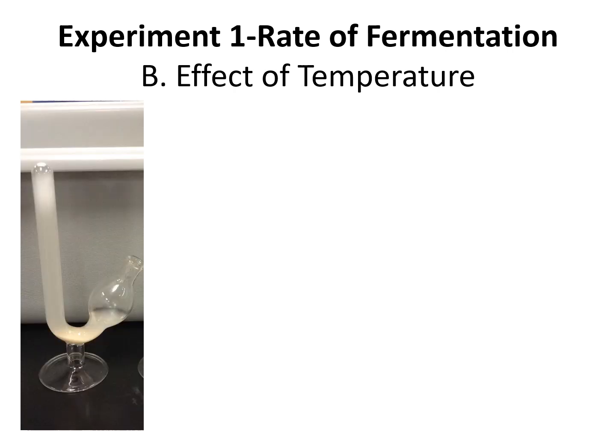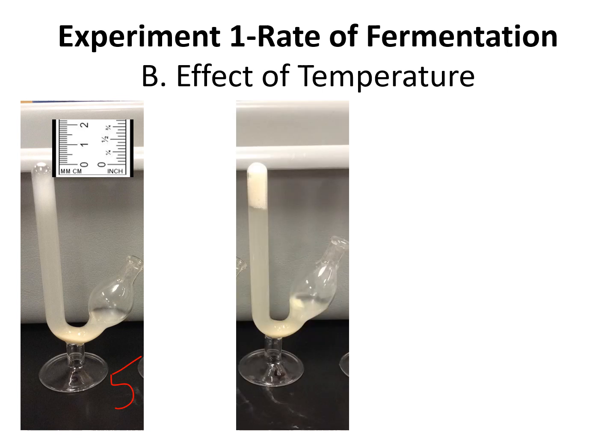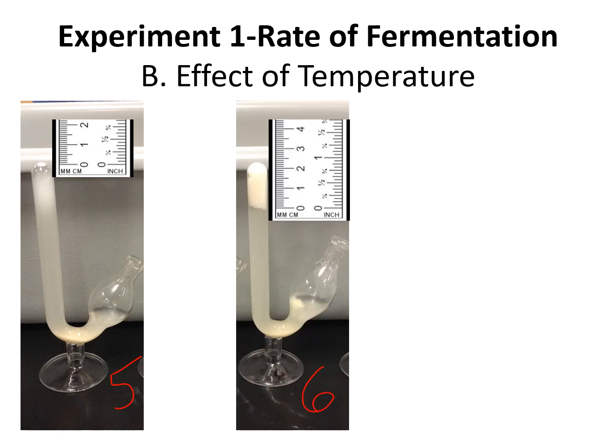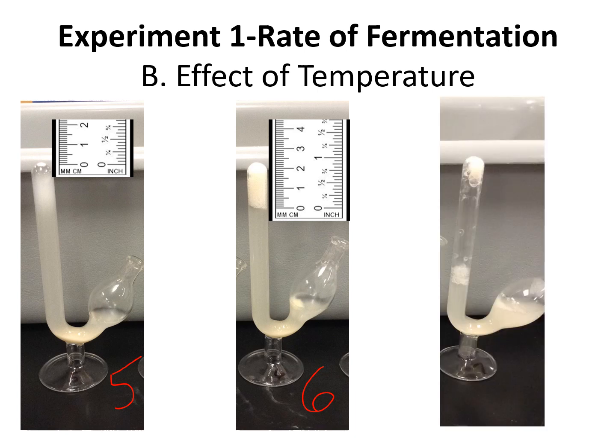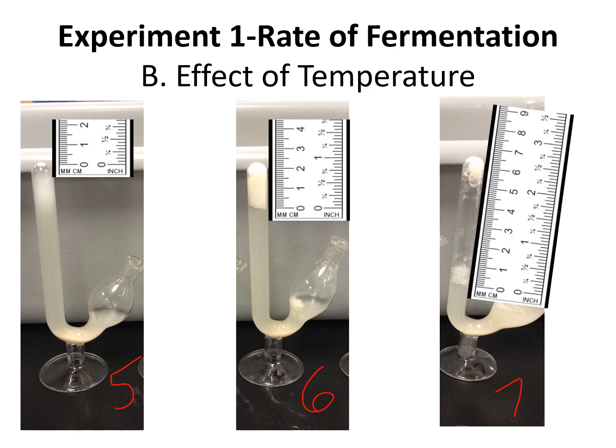For recording your data for your lab report, tube number 5, you can use that to measure the bubble, virtually no bubble. Tube number 6, you can use that to measure the height of the bubble in tube number 6. And tube number 7, you can use that to measure the height of the bubble in tube number 7.